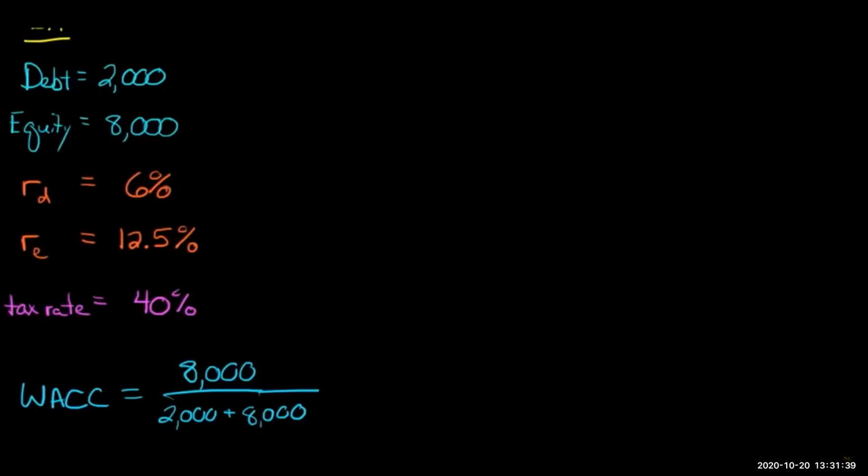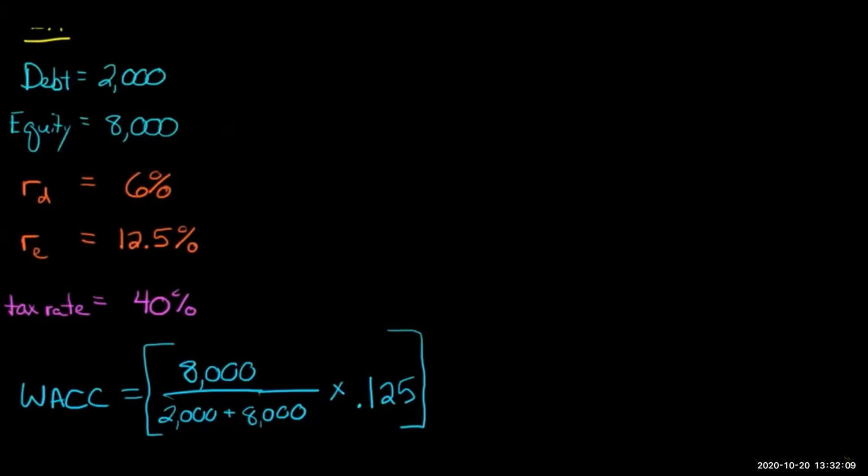So to get the proportion, we take 8,000 and divide it by that total. What we're seeing is 0.8, or 80%, of the financing is coming from equity. Now we have to multiply this by the cost of equity, which is 12.5%, the same as 0.125. So now we've got the equity component.